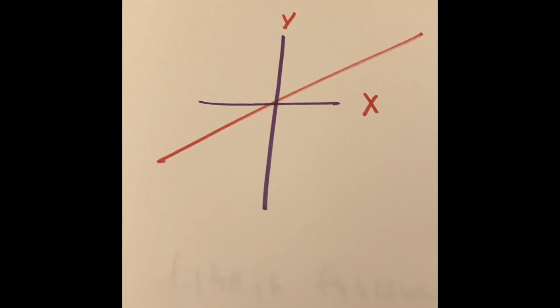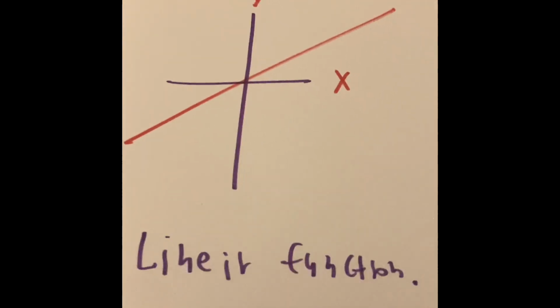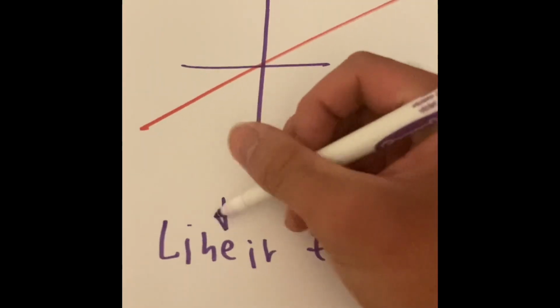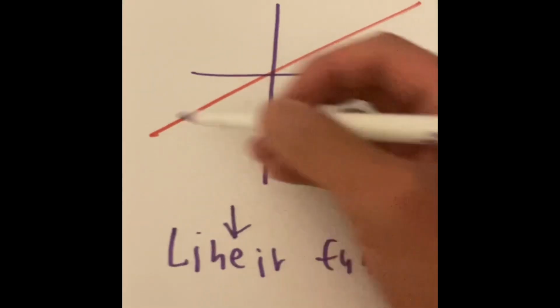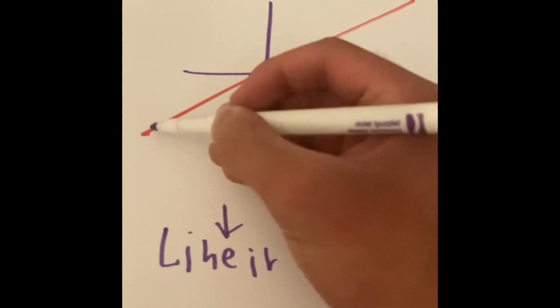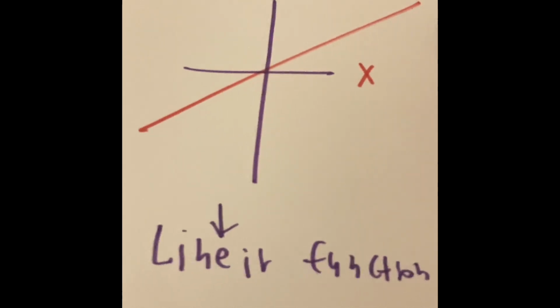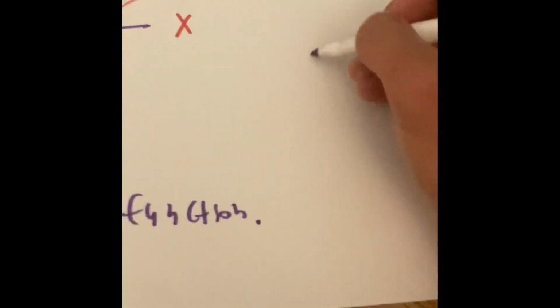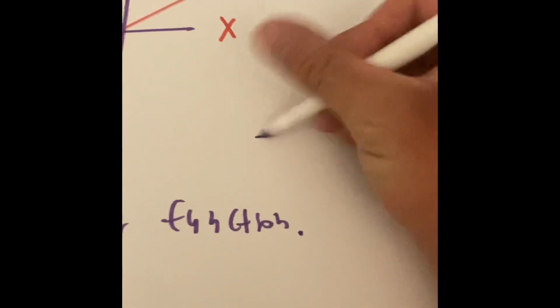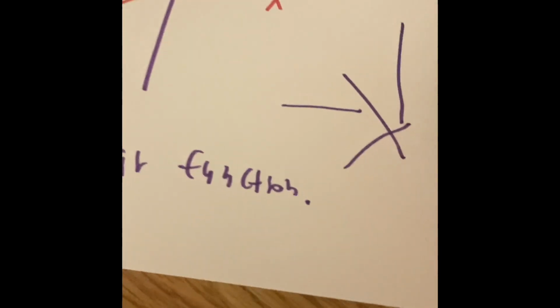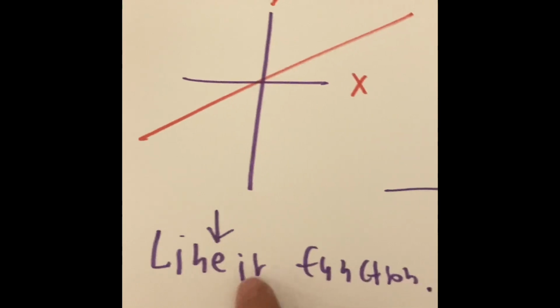And yes, this is called a linear function, because the word linear describes that the function or line on a graph is completely straight. It doesn't matter what direction it is. It could be down, horizontal, or diagonal.